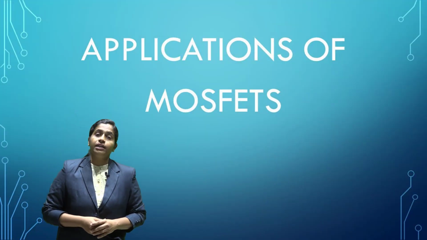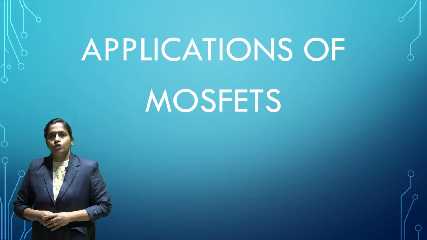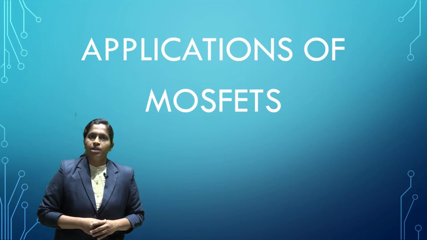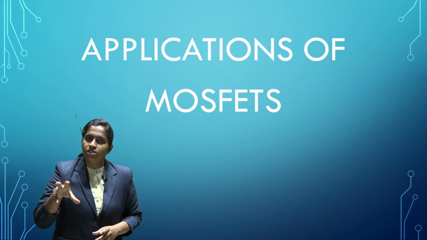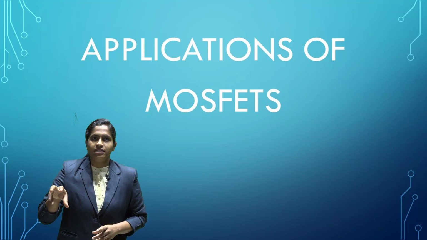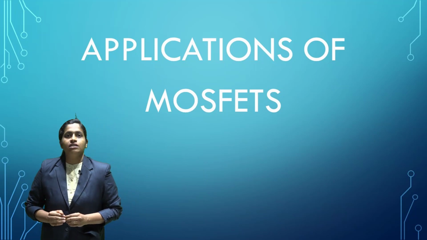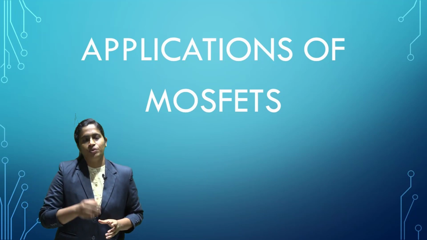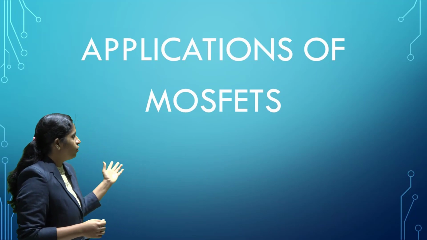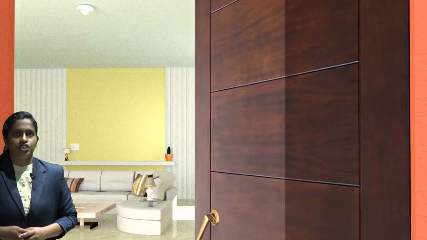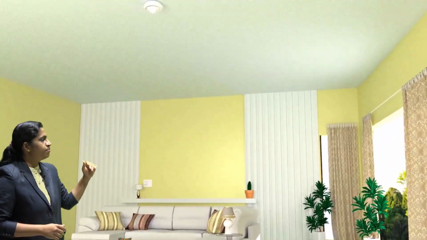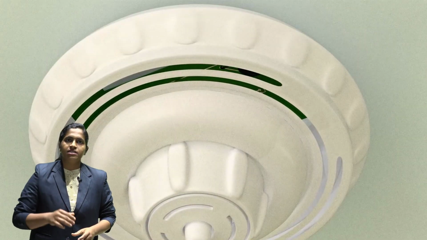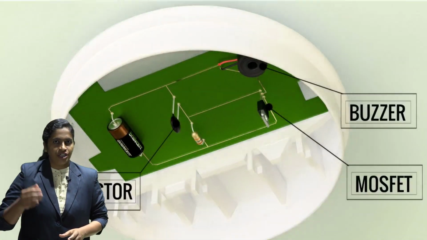Now let us see different applications of MOSFET. The gate terminal is the controlling terminal, hence the MOSFET acts as a switch without any mechanical device. Consider the example of a heat-based fire alarm. The thermistor decreases its resistance as the temperature increases.